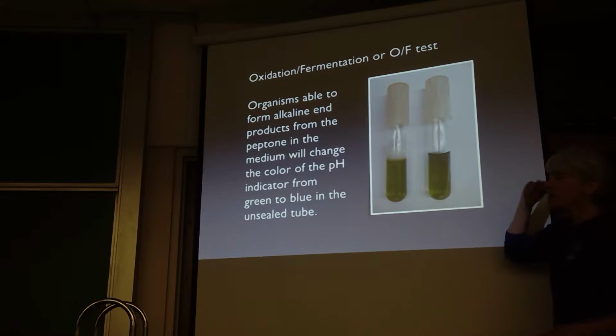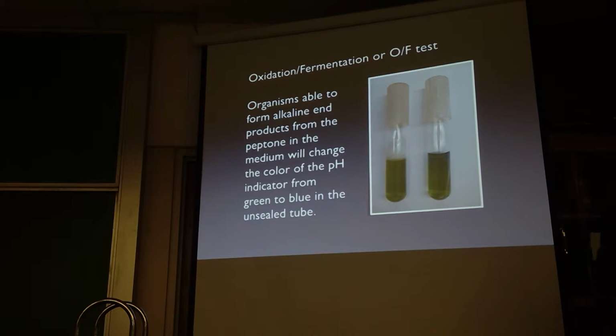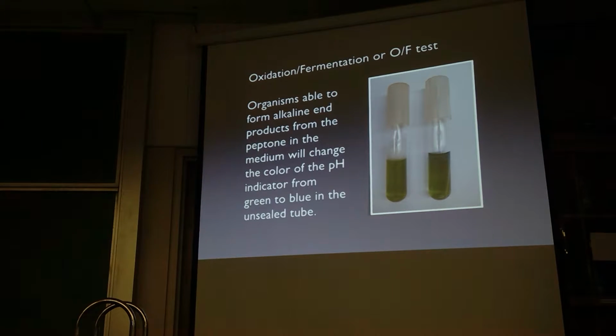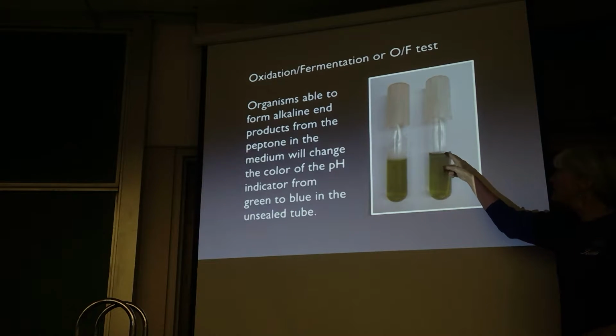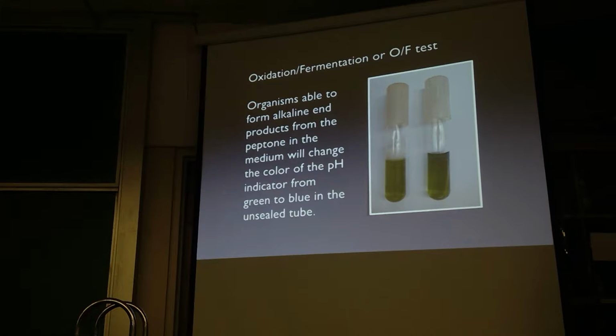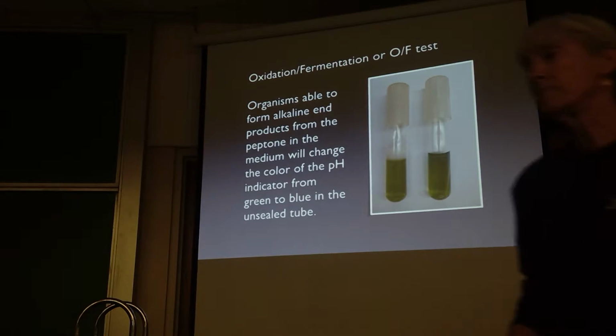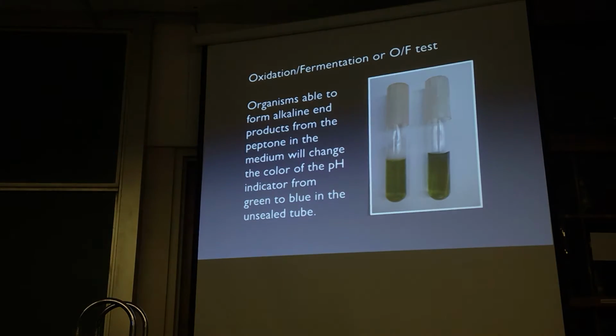These organisms are using the peptone in the medium, and they're producing alkaline end product, probably amines. So this blue color says no acid production, but they're producing some kind of alkaline end product. Okay, again, the respiratory cultures we saw last week.